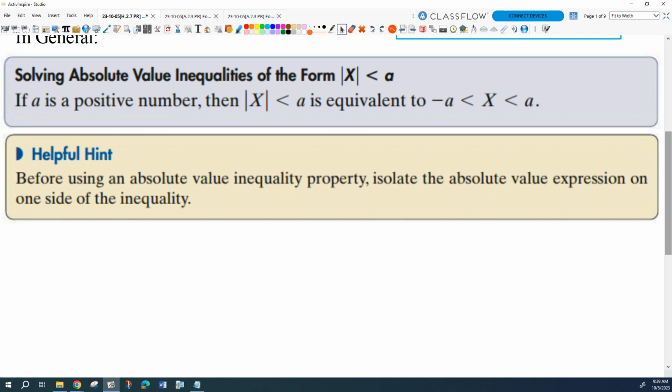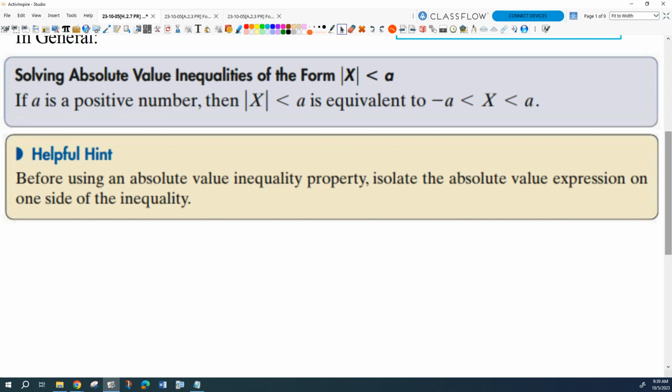If we have an isolated absolute value that's less than a number, we're going to trade that absolute value inequality, which we can't really do algebra with because it's still got absolute value bars, for 2 regular inequalities. Isn't that what we did yesterday? Same pattern. If we had an absolute value equation, what did we do with it?